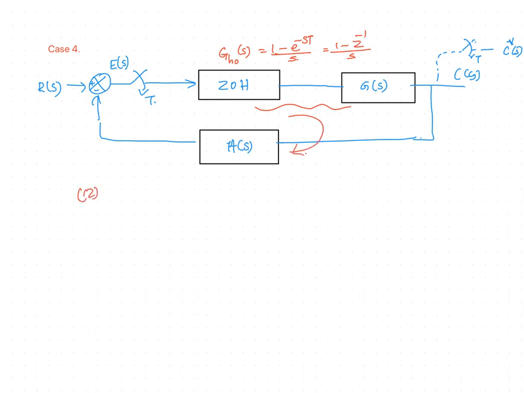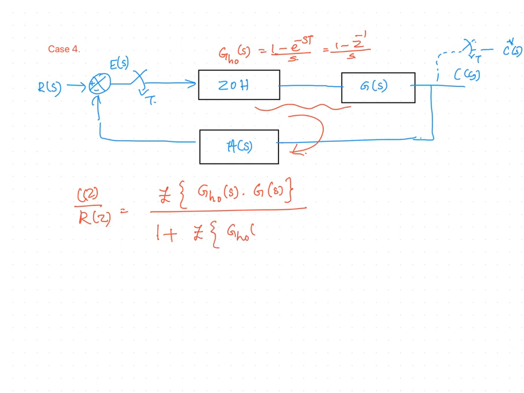So, C of z by R of z will be the Z transform of the forward path, that is GH0 of S into G of S, divided by 1 plus the Z transform of GH0 of S into G of S into H of S. While doing so, we can replace GH0 by 1 minus z raised to minus 1.